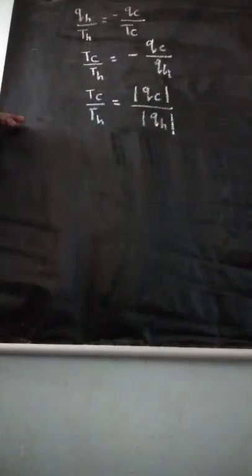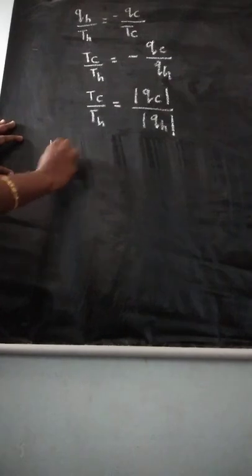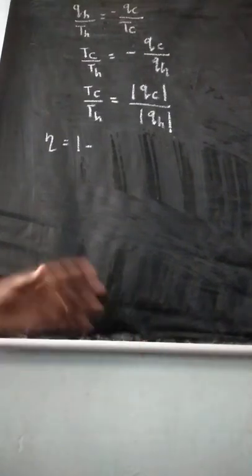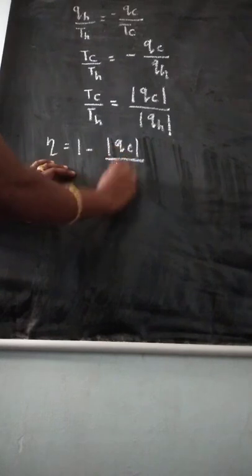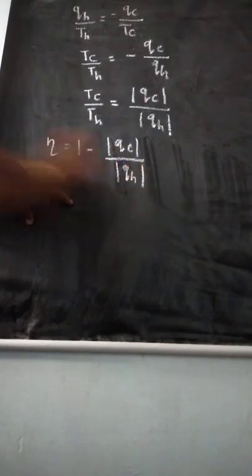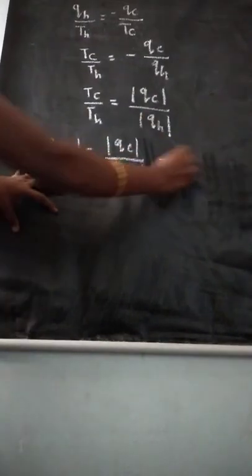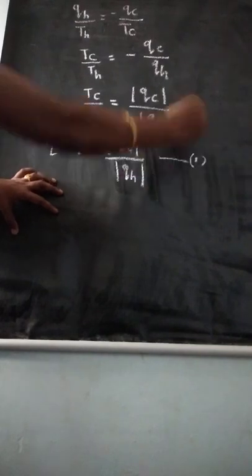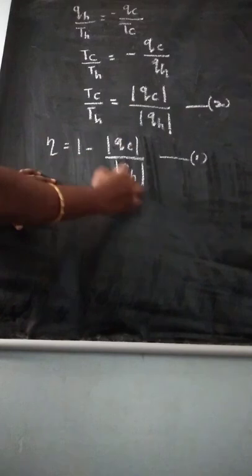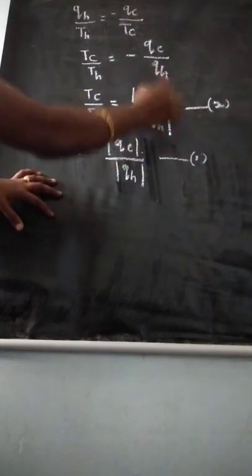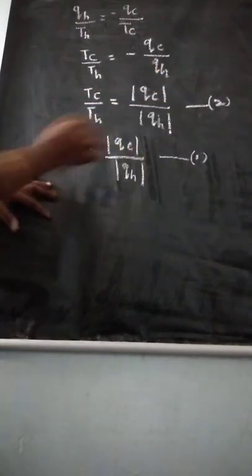Understand? Now listen, we already learned the efficiency formula: eta is equal to 1 minus modulus of QC divided by QH. Consider this efficiency equation as equation 1 and the other as equation 2. Substitute the QC by QH value in equation 1.